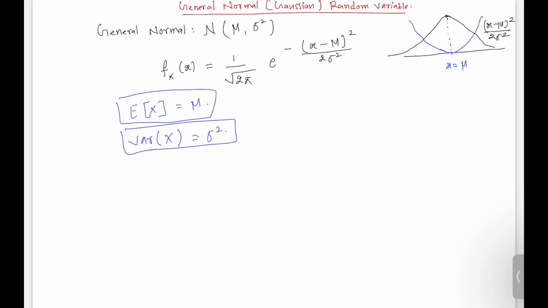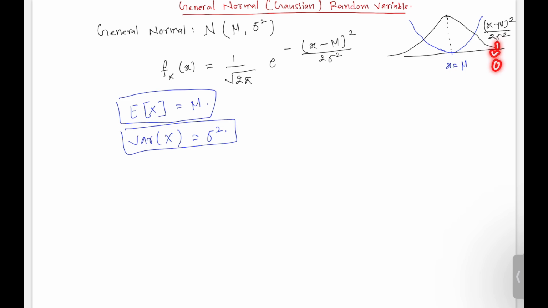So let me explain this to you. Let's see how sigma is affecting the shape of this curve. If we consider sigma to be very small, right? If we look at this parabola, and sigma is very small, then this term will be very large, since this sigma is in the denominator.